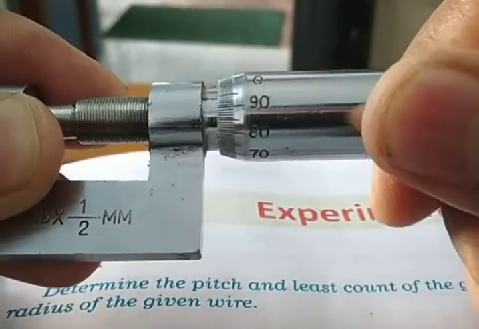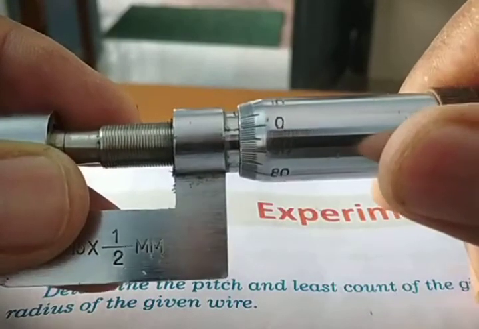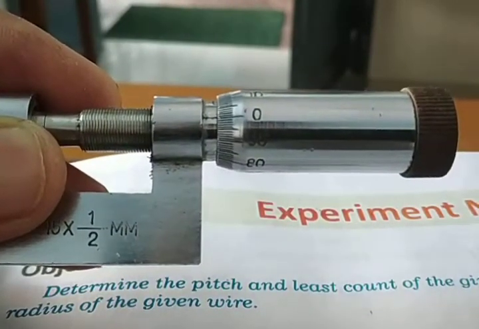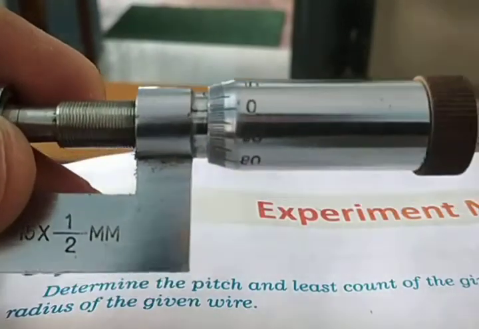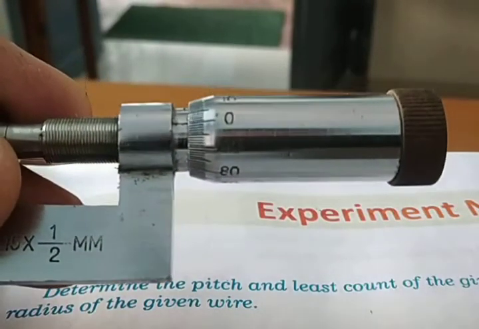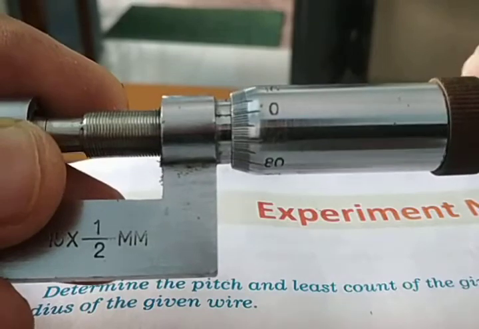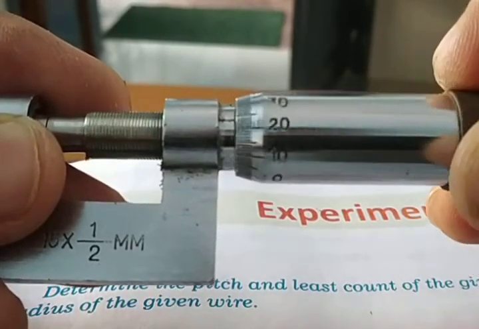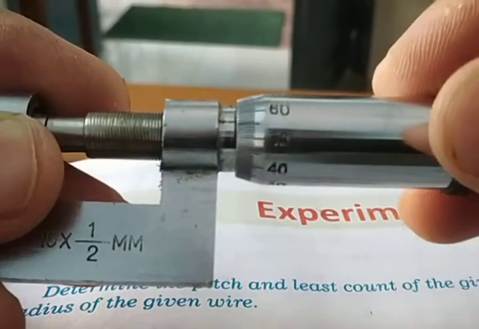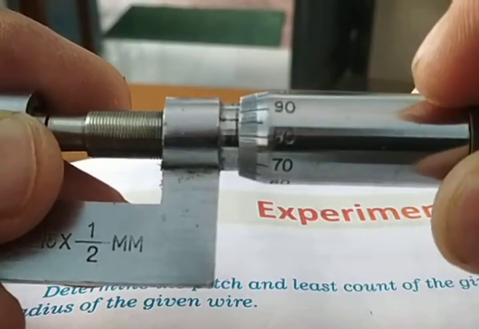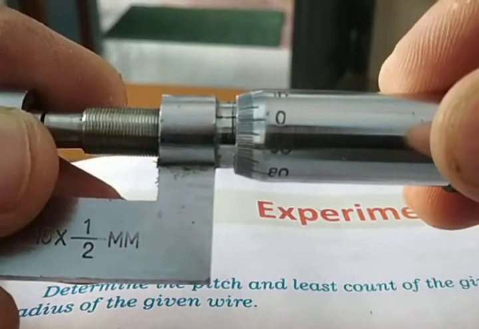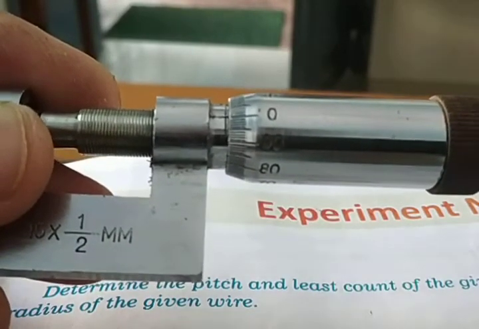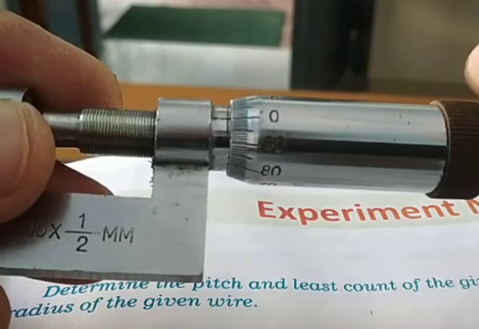You can see here, 0 is along the baseline. Now if you give one full rotation, 10, 20, 30, 40, 50, 60, 70, 80, 90, 100, it has moved by one small division, that is 0.5 mm.